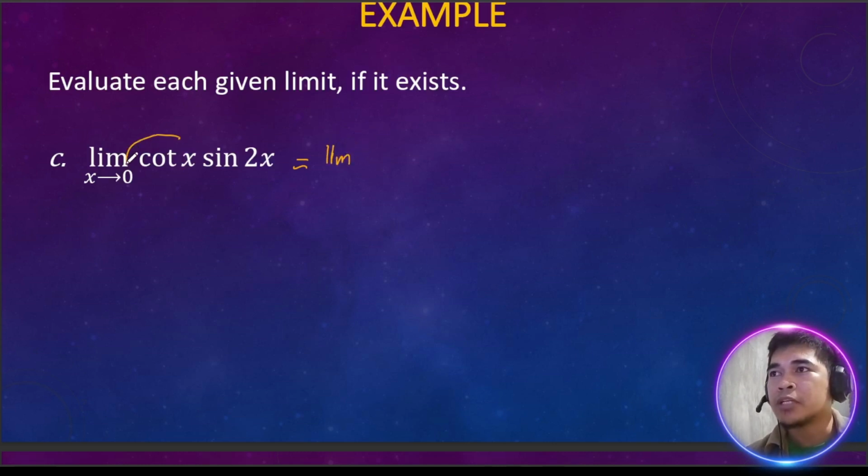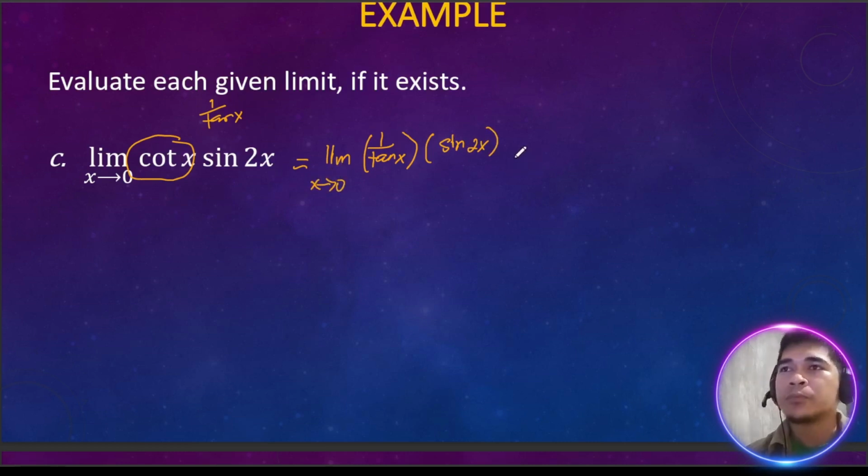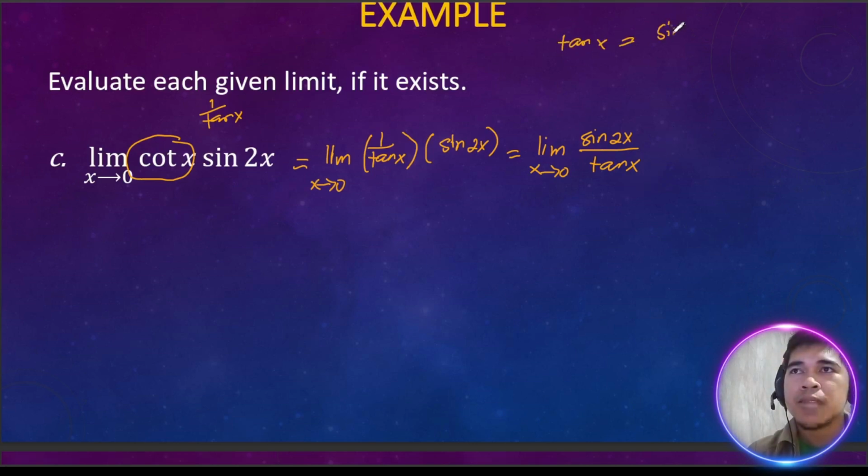We know that cotangent x, that is equivalent to 1 over tangent x, right? So, we got 1 over tangent x times sine 2x as x approaches 0. So we got limit 1 times sine 2x, so sine 2x over tangent x as x approaches 0. Ang tangent x, ang iya pong identity, that is sine x over cosine x.